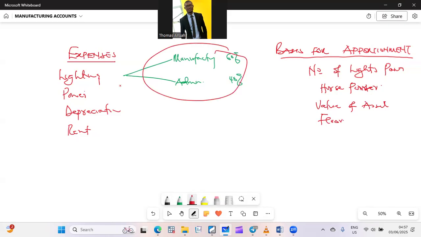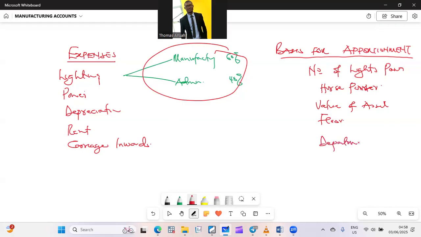All right. So even carriage inwards, you saw carriage inwards, one for raw materials, one for the finished goods. So it can also be given that the finished goods is this percentage. All right. But so according to the department, it is departmentalized.